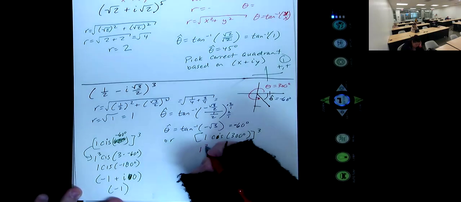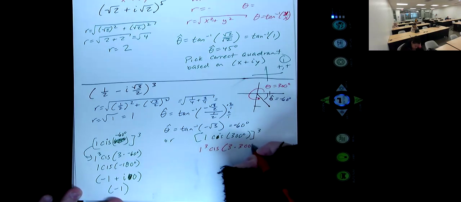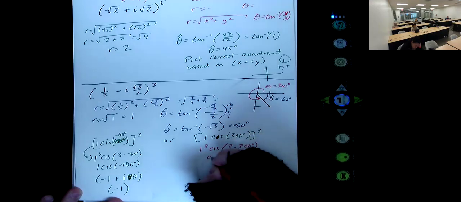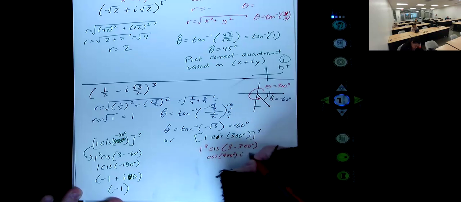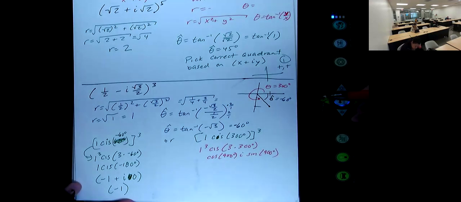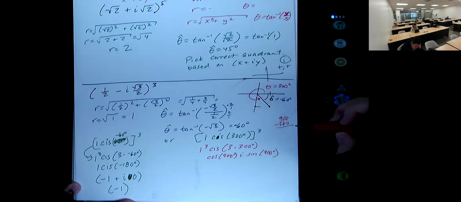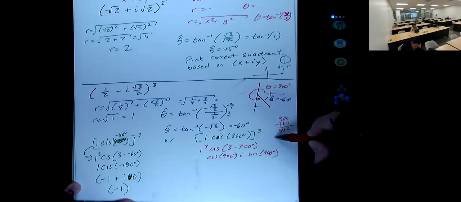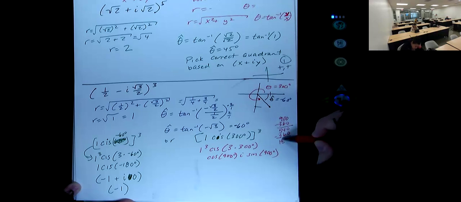We've got 1 cubed cis of 3 times 300 degrees, which is cosine 900 plus i sine 900. Let's see, 900 minus 360 is 540. Subtract another 360 and we get 180.